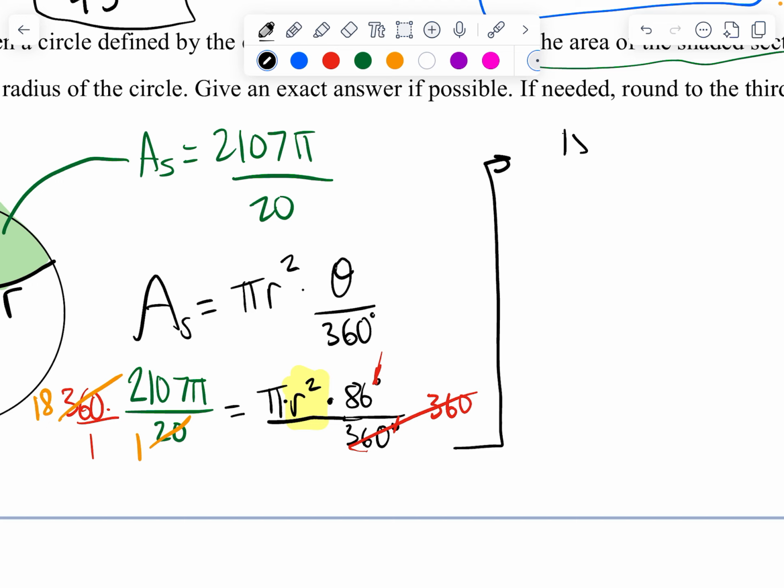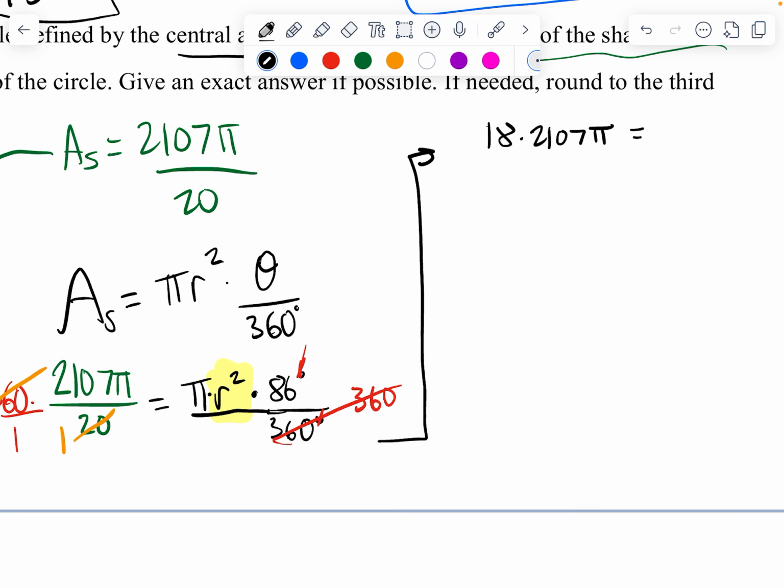So we have 18 times 2107, almost forgot that 7, pi, big number, don't know what it is, but there we go, equals 86 pi r squared. And same thing, that's being joined by multiplication. Undo multiplication with division, so I'm going to divide 86 pi, both sides. So those cancel, pi over pi, those also go the way of the dinosaur.